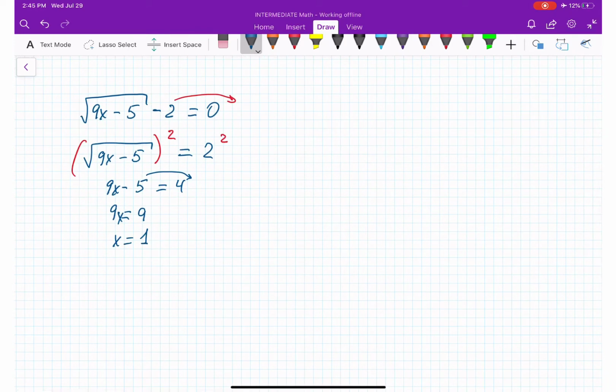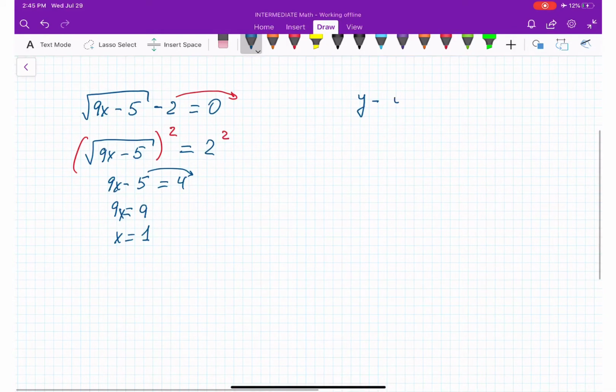y minus the square root of y minus 3 is equal to 5. A while ago I mentioned that when we're solving radical equations, we want to isolate the radical on one side by itself.